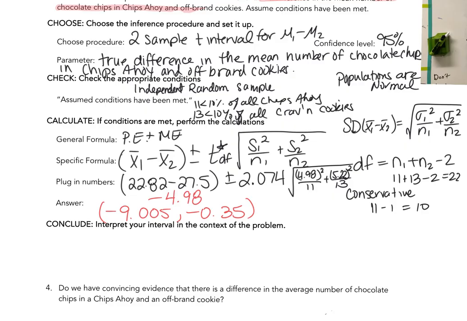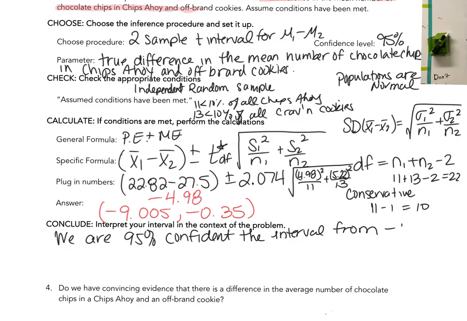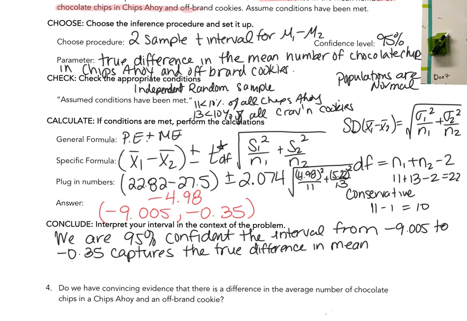So interpret the interval in context. Make sure when you write your interval, you're writing the smaller value, comma, the larger value. So we are 95% confident the interval from negative 9.005 to negative 0.35 captures the true difference in mean number of chocolate chips.